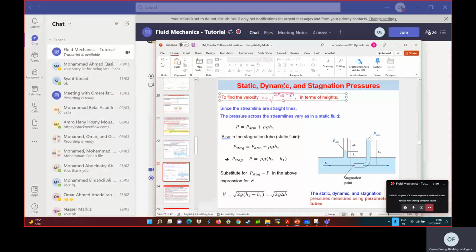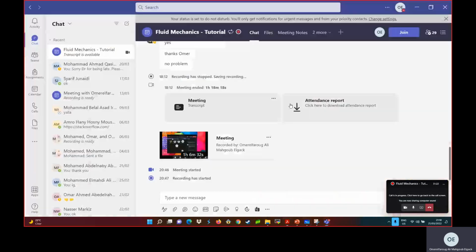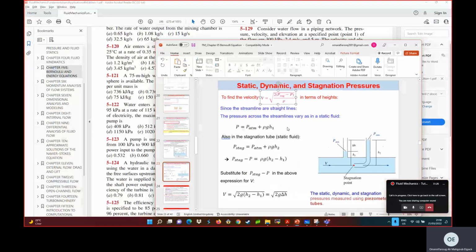I have the static, this is the static, and this is the stagnation. And he is giving me the density of the fluid, which is 550, and he wants the velocity. So just substitute, let me write it here.